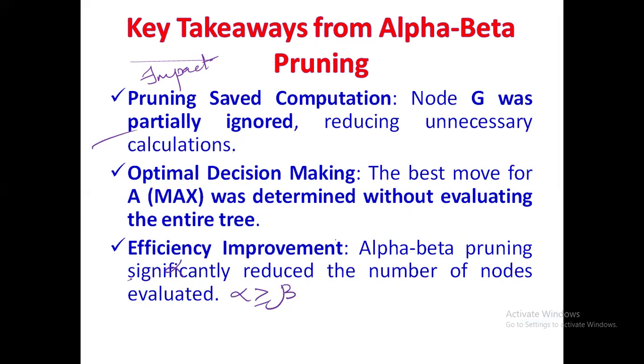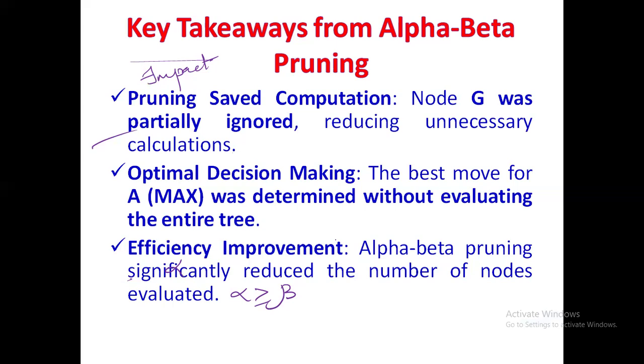Next, by avoiding these unnecessary calculations, the algorithm remained efficient while still arriving at the correct decisions. Additionally, optimal decision making was achieved without traversing the entire tree. The maximizer at node A was able to determine its best possible move by only evaluating necessary nodes. Since the algorithm pruned unneeded branches, it eliminated redundant work while maintaining accuracy.